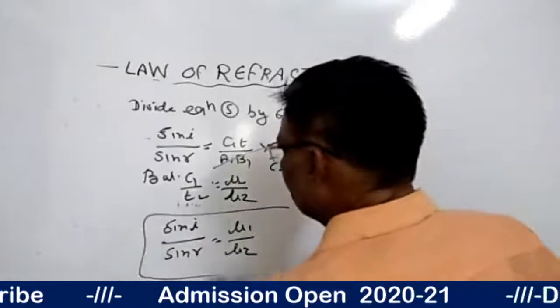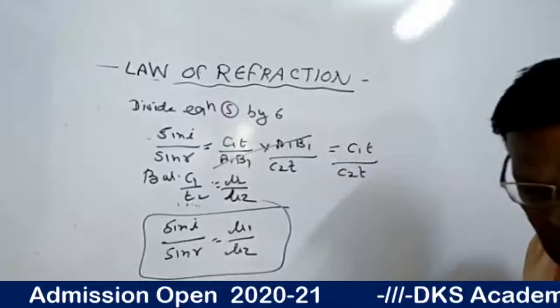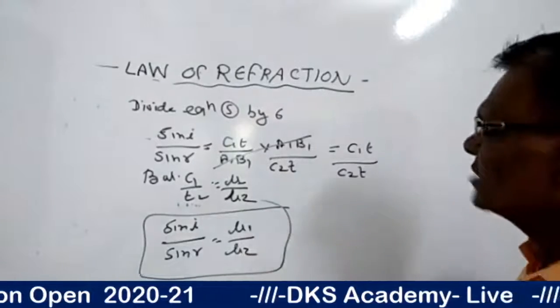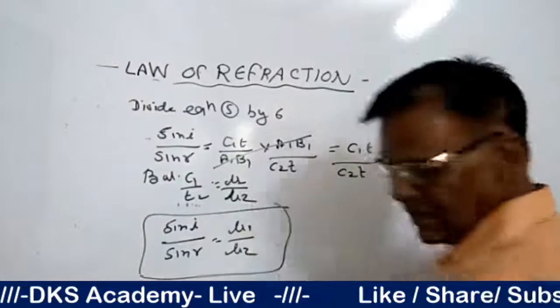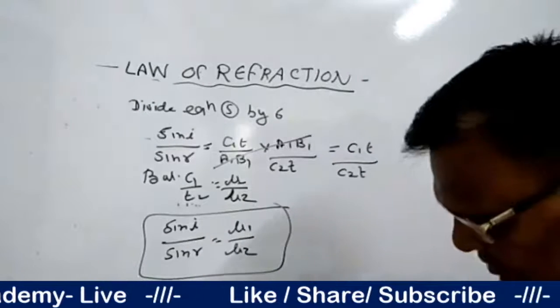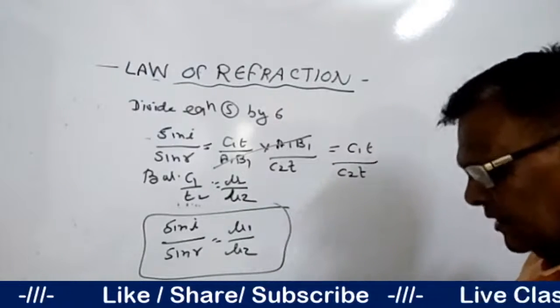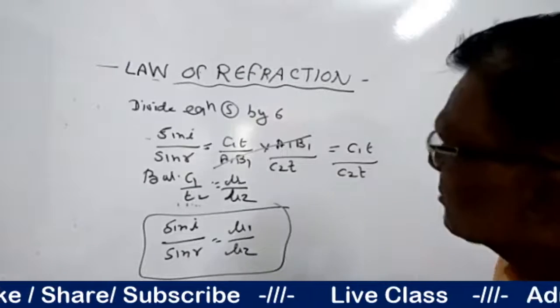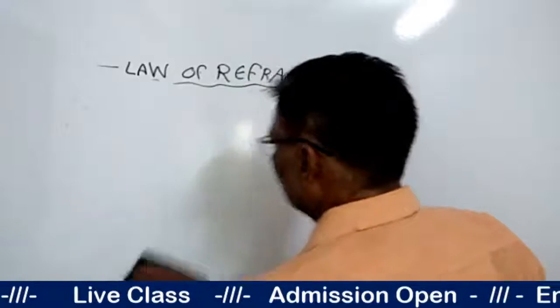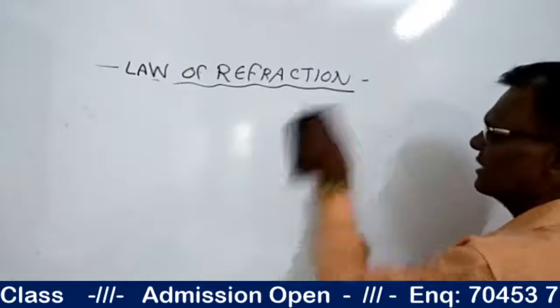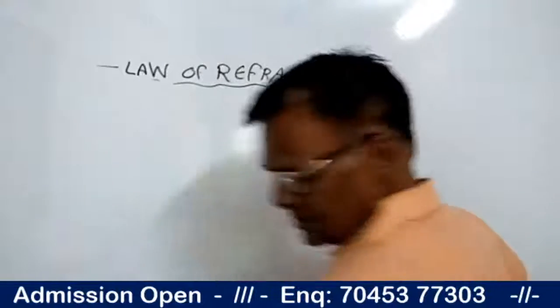So this will be proved, that is sin i upon sin r equal to refractive index of denser medium to refractive index of rare medium. So in this way we can prove law of refraction and show the derivation.